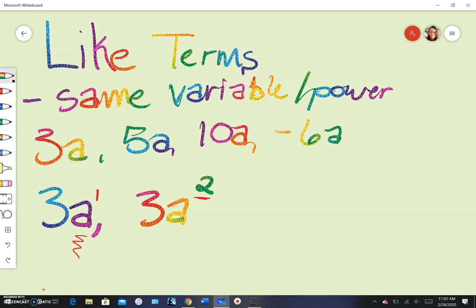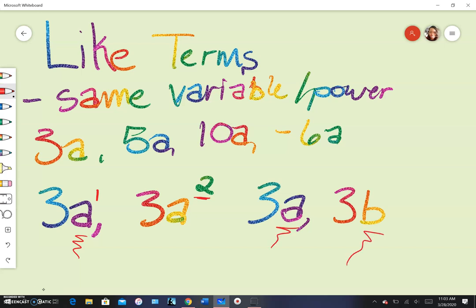If we have something like 3a, 3b, these are also not the same because they don't have that same variable. So the concept by itself of like terms, what they are, should be relatively simple for you to understand.